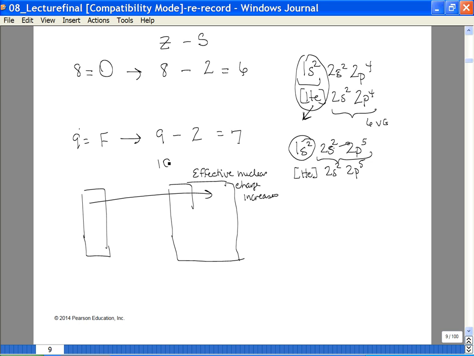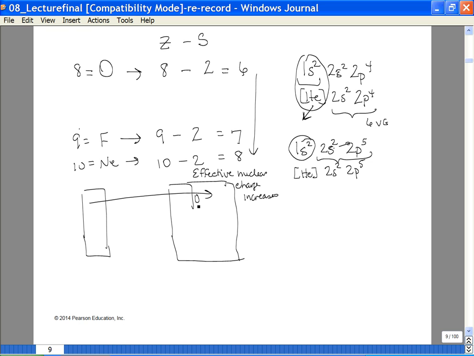As you can see, if we were to go up to neon even, the core electron value stays the same. And so we're increasing in number.